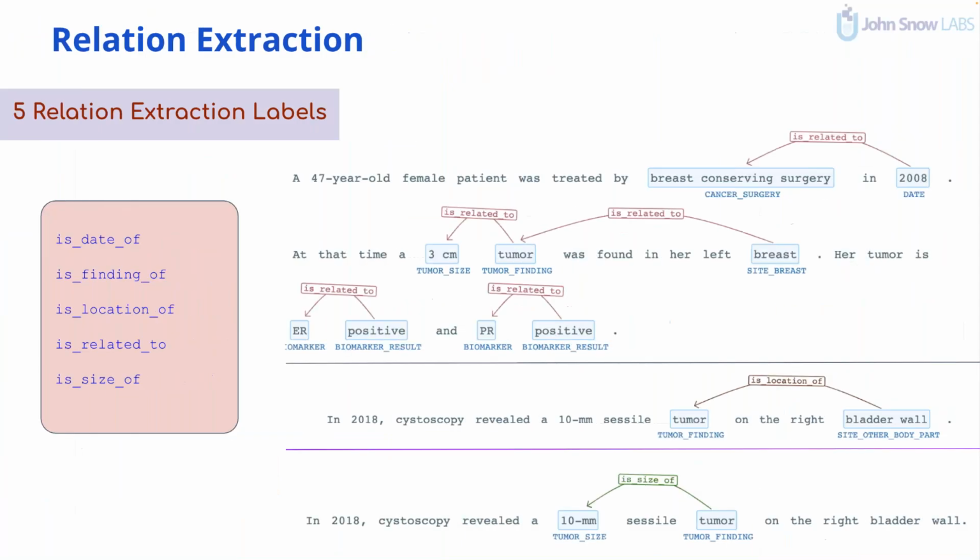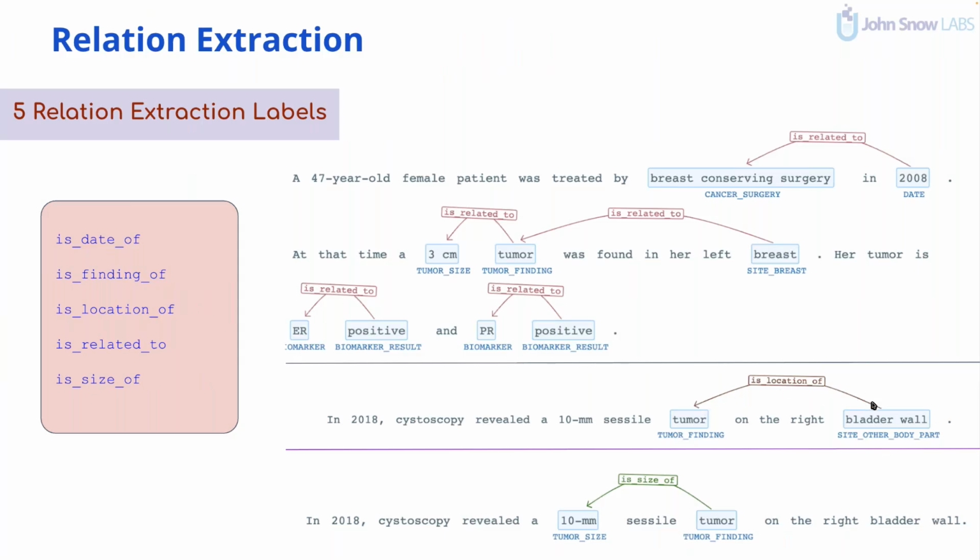We provide 5 different relation extraction labels. Like is date of, which is used for checking the relationship between the date entities and the other oncological entities or the procedures you're interested in. Is finding of is another one, and is location of checks the location of the oncological entities and the body parts.